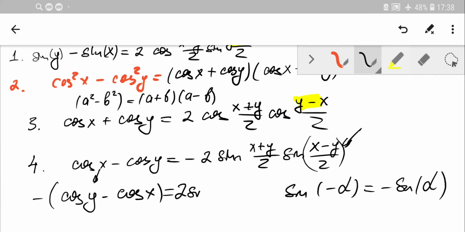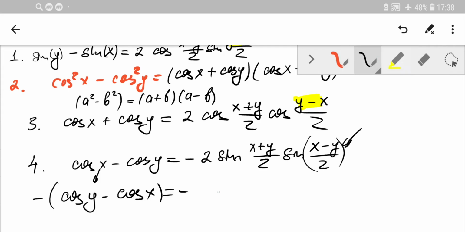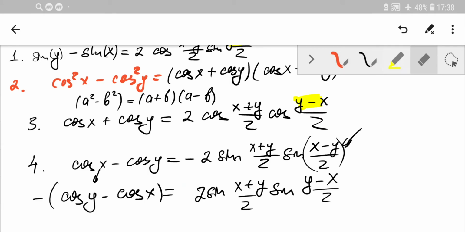So we'll have minus and minus, so we'll get positive 2 sine of x plus y over 2, and instead of x minus y, you'll get y minus x. It's better to write like this. Okay, now it's good. It's positive.